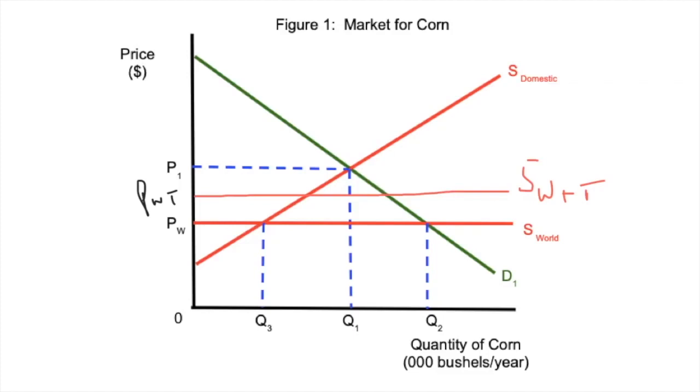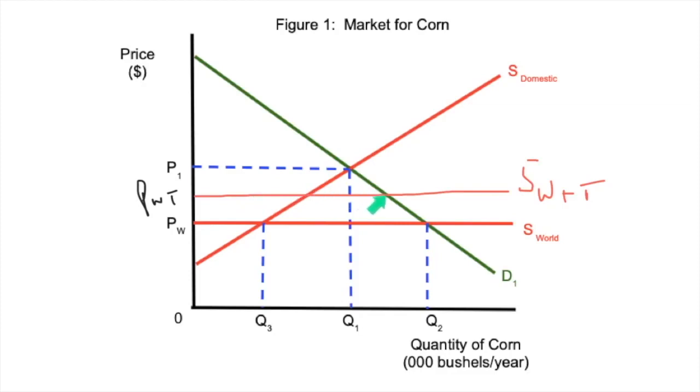But if you just quickly take a look, you'll notice that we have a new equilibrium point, right? Remember, we went from P1Q1 down to PWQ2. This is where the market was operating before. But if there's a tariff put on it, an additional cost to get corn into the United States, then all of a sudden the price of corn is going to rise up to where?